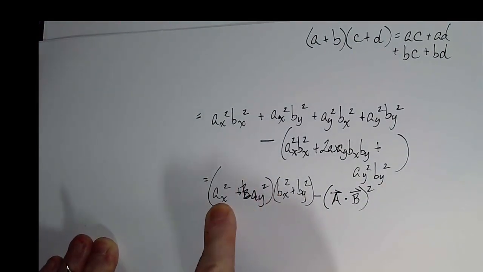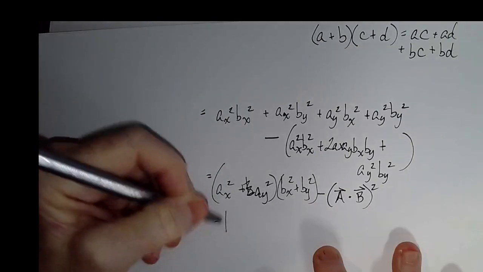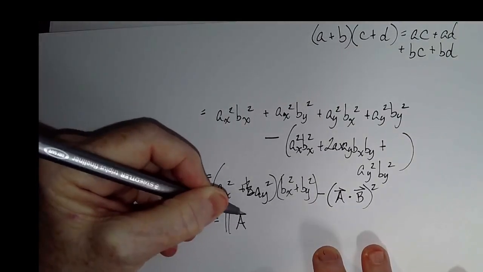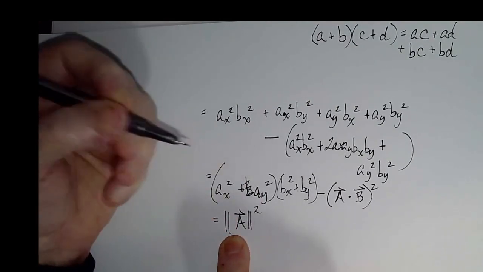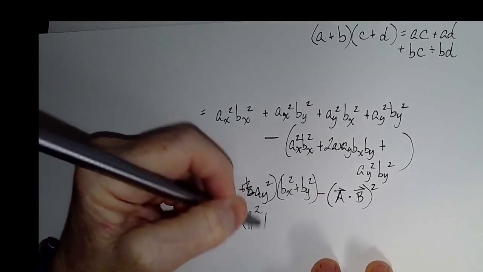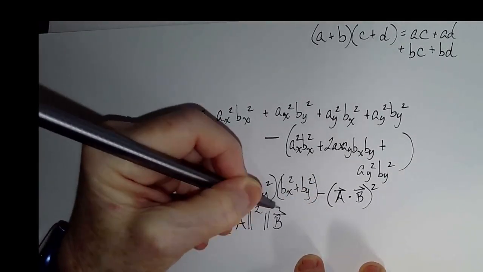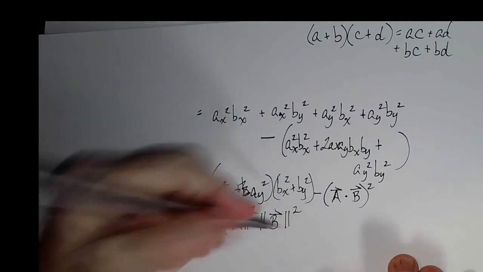And ax squared plus ay squared, that's the magnitude of vector A squared. Bx squared plus by squared, that's the magnitude of vector B squared.